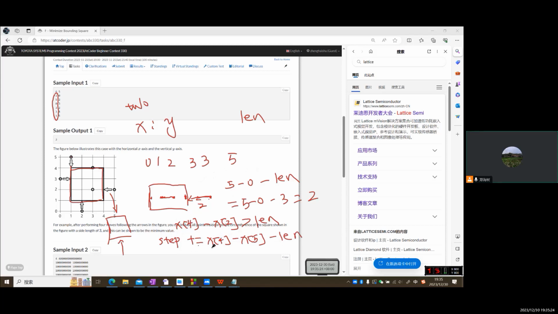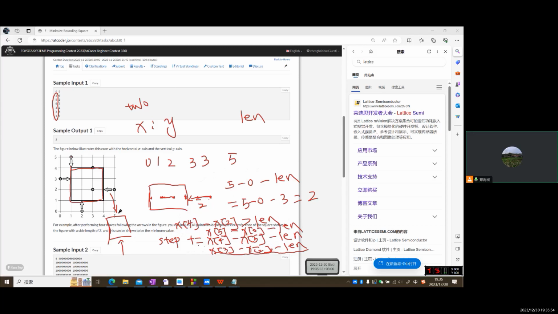And if the distance between the third pair of points is larger than the length of the side, we need to add the steps we need to move. And here it is also the first 5 minus 0 minus length.